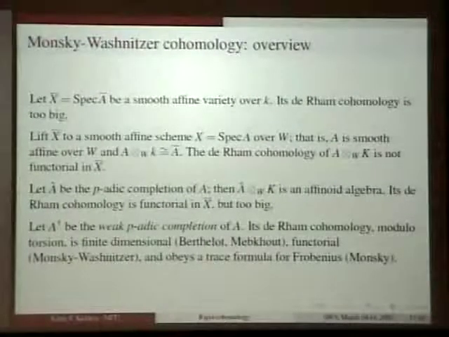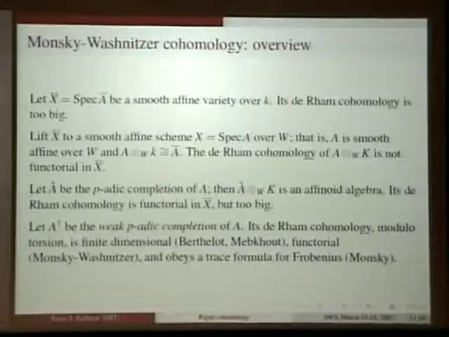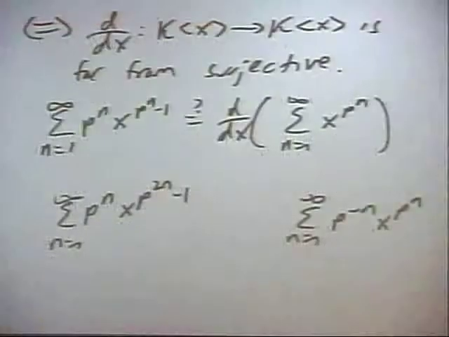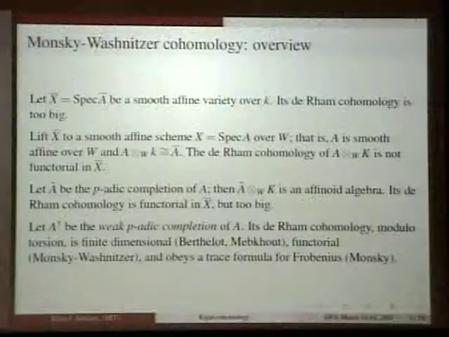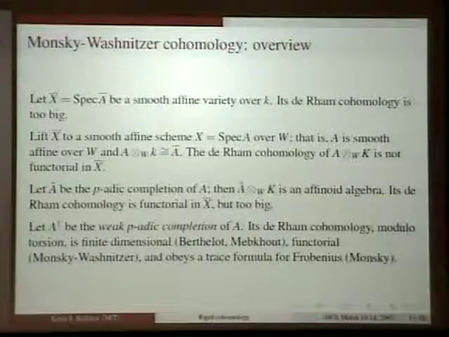So the discovery that was made by Monsky and Washnitzer, sort of playing on ideas of Dwork, is that you can actually get away with a much smaller ring than A-hat. There's a notion of what's called a weak completion, which I'll define on the next slide or two.